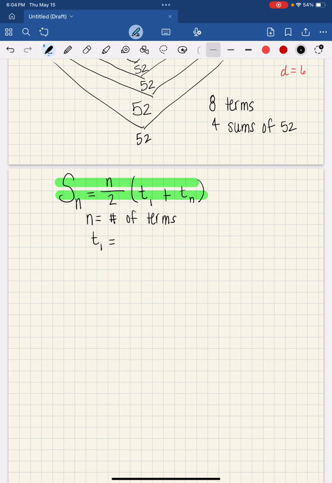T sub 1 is the value of the first term. And t sub n is the value of the nth term.